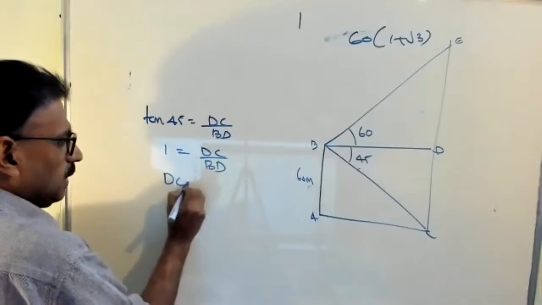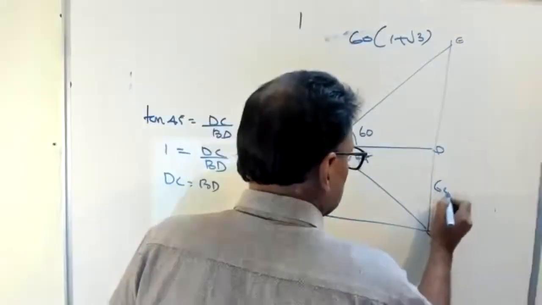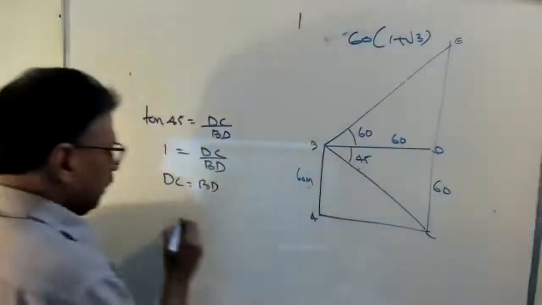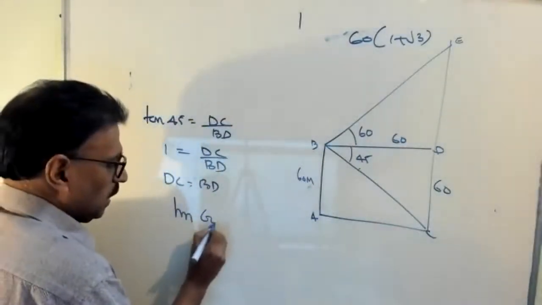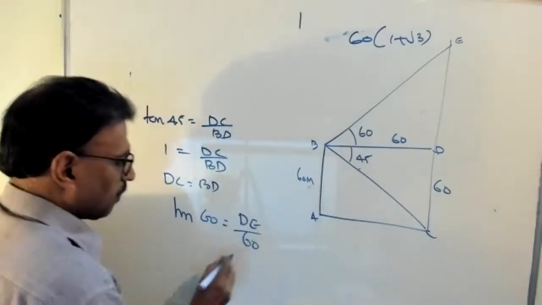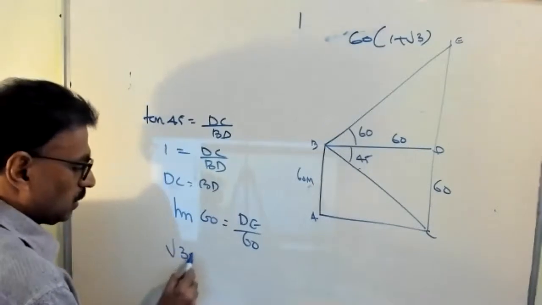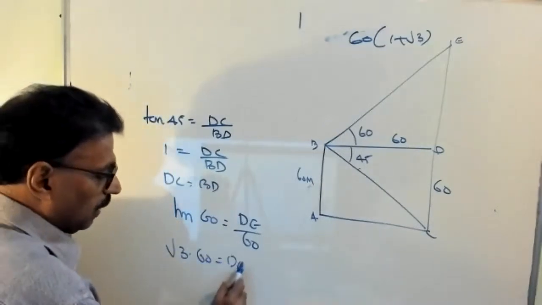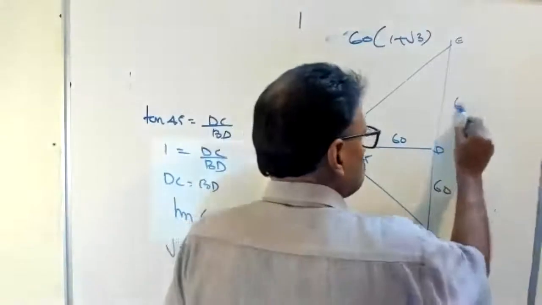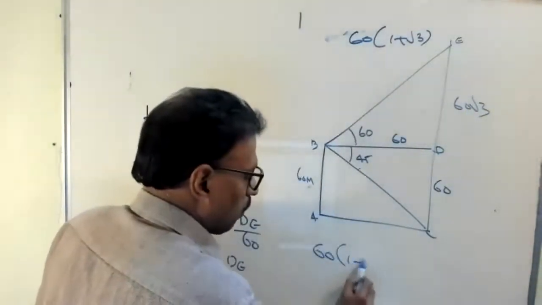So DC equal to BD. This is 60, this also 60, simple. Then tan 60 equal to DE divided by 60. Tan 60 is root 3. Root 3 into 60 equal to DE. So this distance is 60 root 3. So total height is 60 into (1 plus root 3).